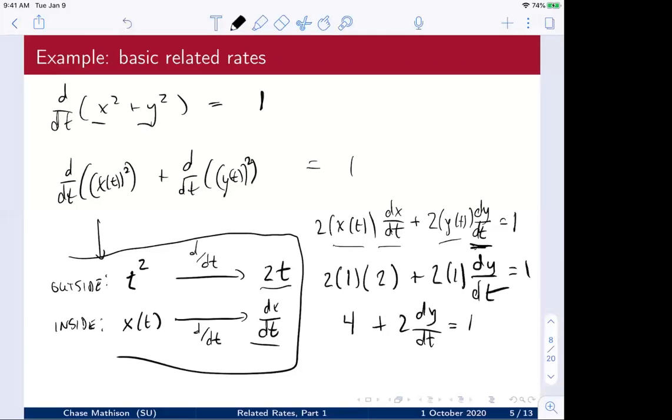So subtract 4 from both sides. I'm going to get 2 dy/dt is equal to minus 3. And that tells me dy/dt is equal to negative 3 over 2, at the moment that x is 1 and y is 1 and dx/dt is equal to 2.